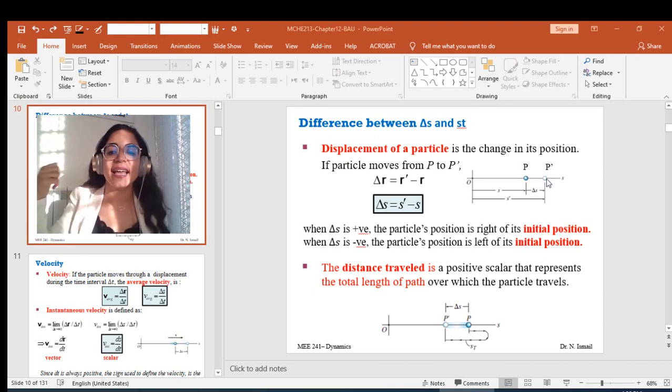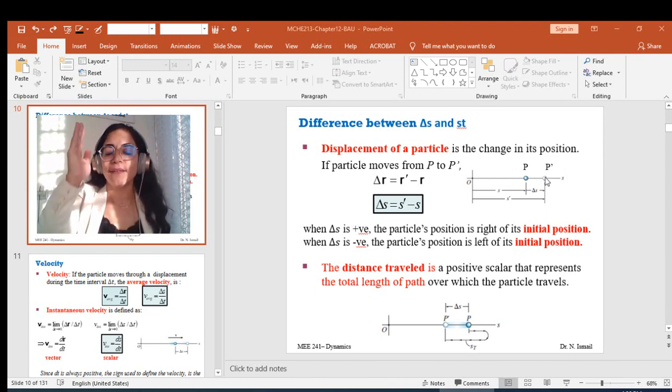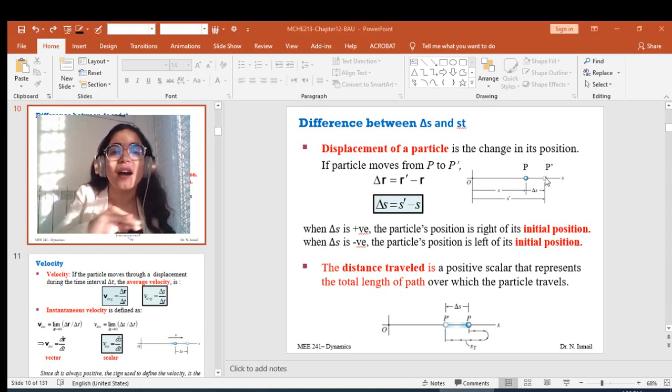Delta S is S prime minus S. It is OP prime minus OP, even if I go back and forth 1000 times to reach P prime. If at t prime I am at P prime, then delta S will be S prime minus S, regardless of the path followed by this particle.